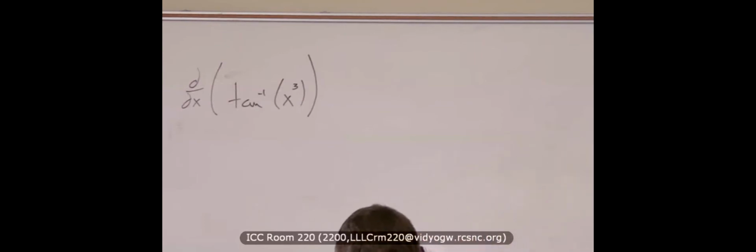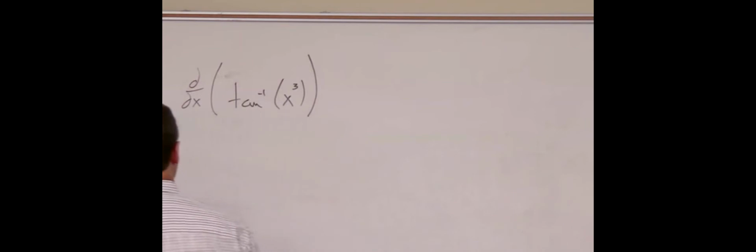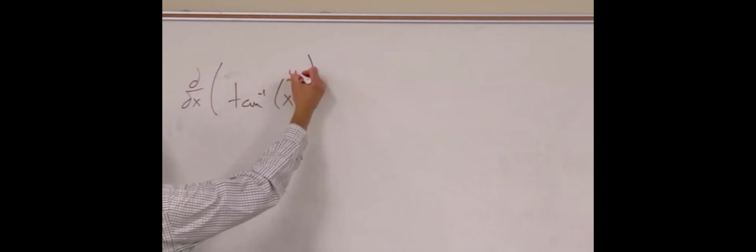So, again, I'm helping you to recognize it. This is only a two-level chain. Your inside function, we'll call that u, and then this is your outer function, which we'll call f. So we're going to take the derivative of the outer function with respect to u.